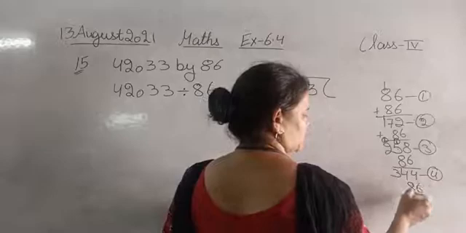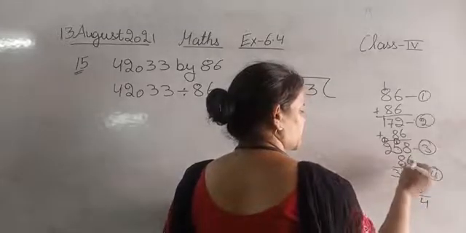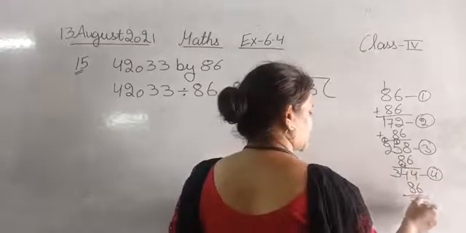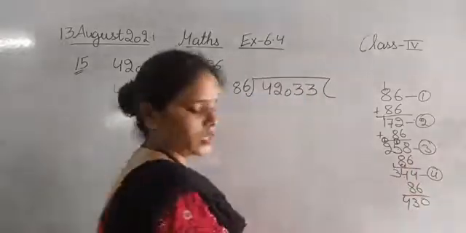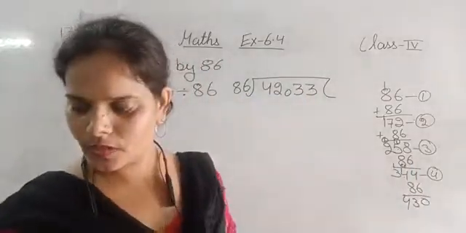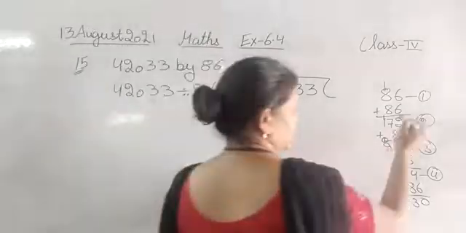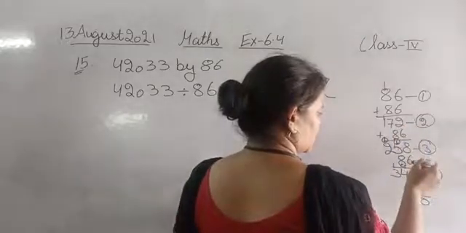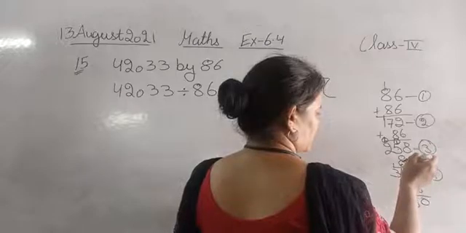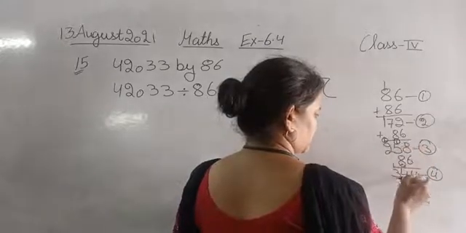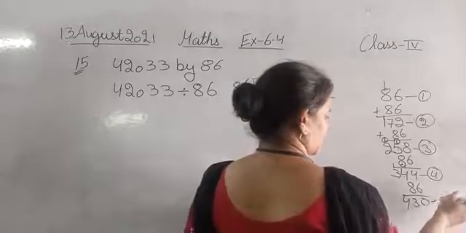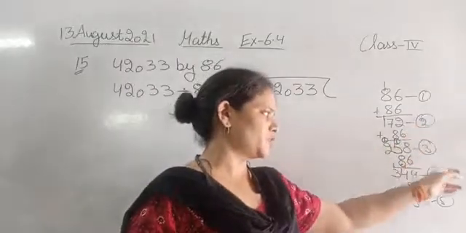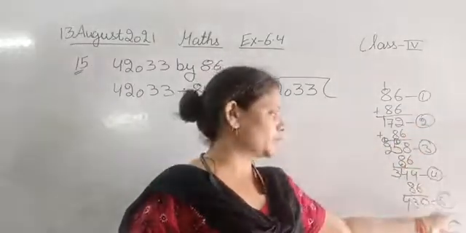Then 344 plus 86, I think I have done some calculation mistake, that is 430. So 86 ones are 86, 86 twos are 172, 86 threes are 258, 86 fours are 344 and 86 fives are 430.